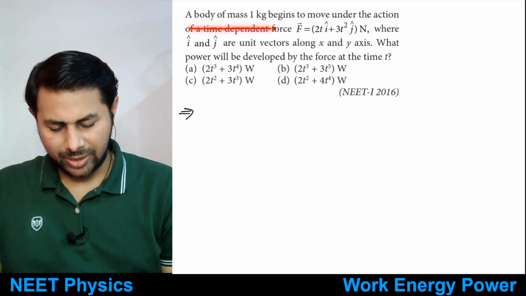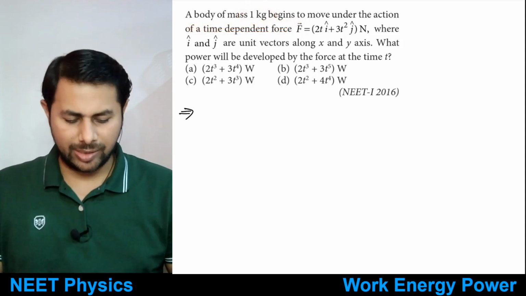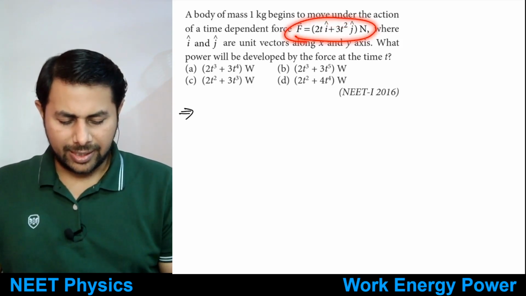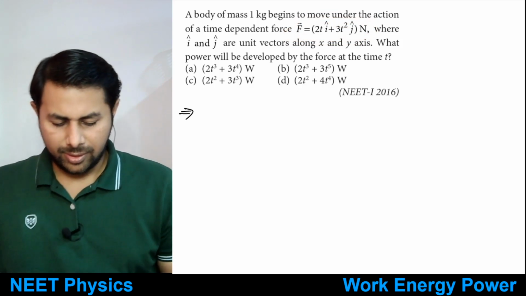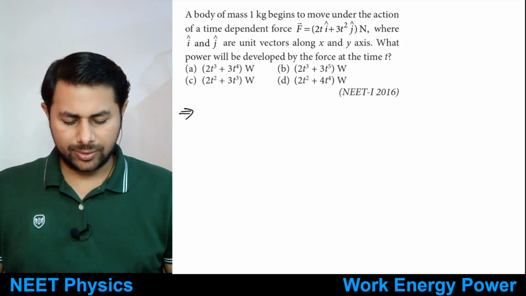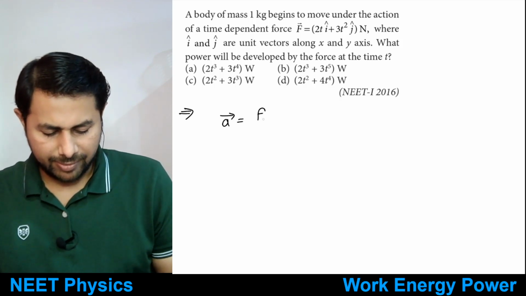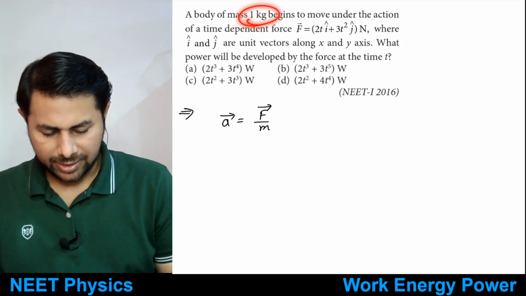What's given is a body of mass 1 kg begins to move. If it begins to move, it means it starts from rest, you can say, under the action of this force. So I can say, what is the acceleration? It is just force by mass. How much is the mass? Mass is 1 kg only.